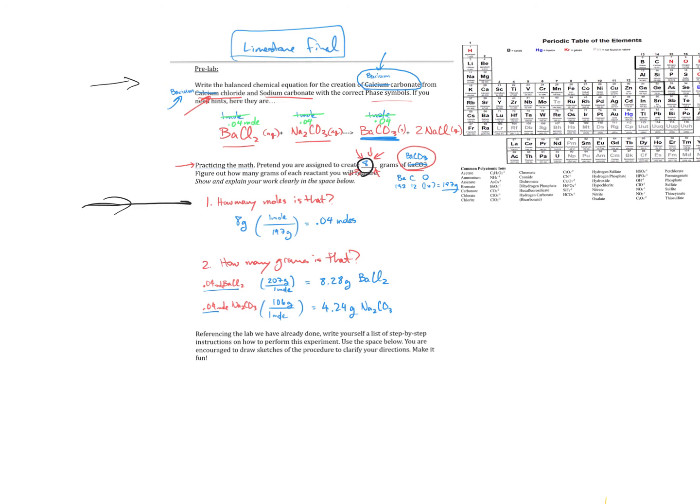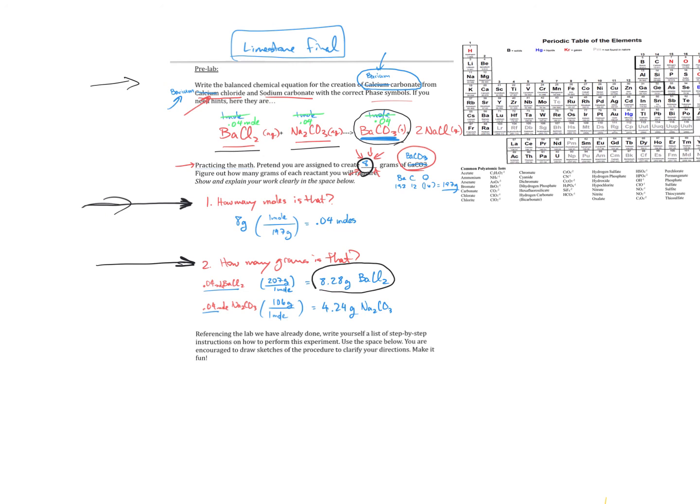How many moles of product am I making? Then I look at my equation and I say, if I have that many moles of product, how many moles of ingredient do I need? And then I say, if I have that many moles of ingredient, how many grams is that? And this tells me what I need to do.